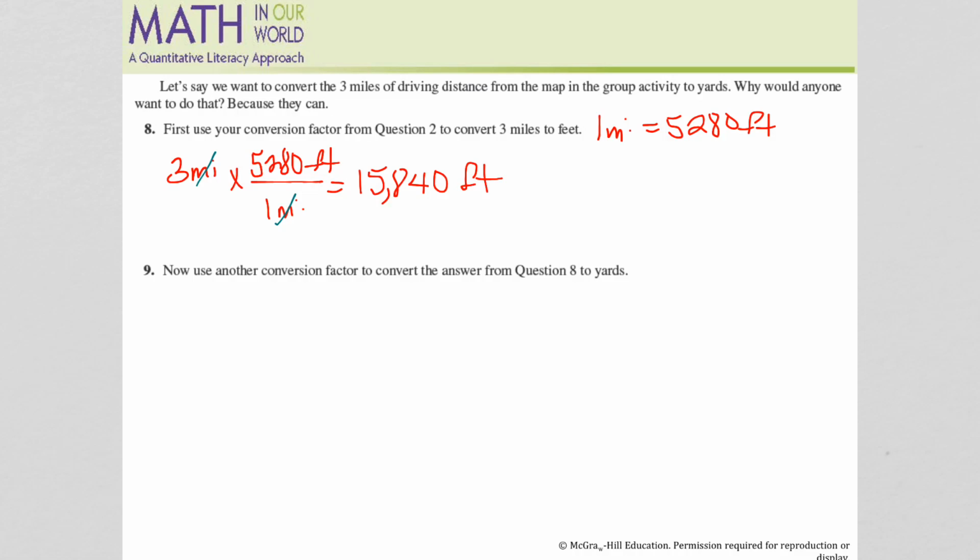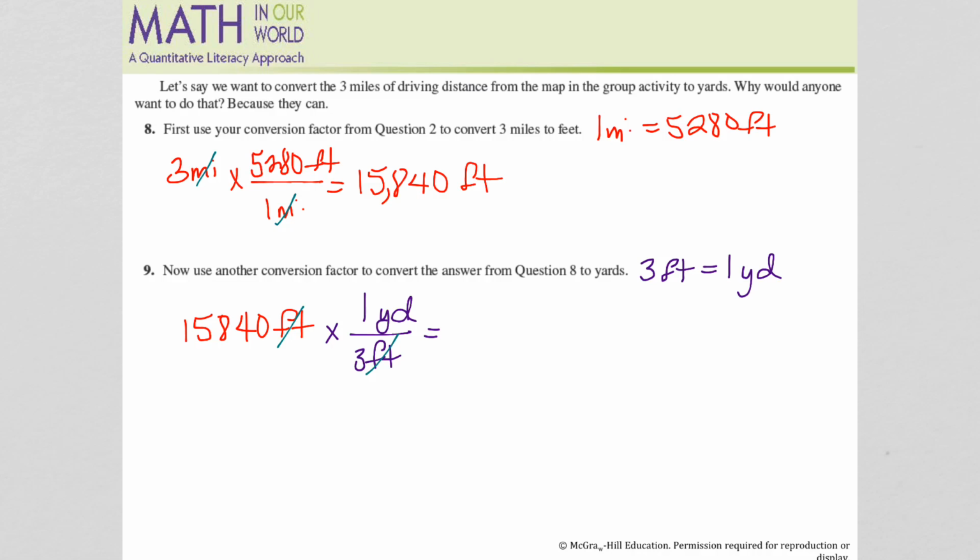Now, what if we want to take it to yards? Well, we have 15,840 feet. And how do we get to yards? Well, we know that there's 3 feet in 1 yard. So we would multiply by 3 feet on the bottom to 1 yard. That gets rid of our feet.